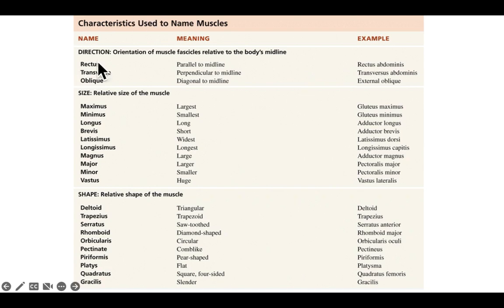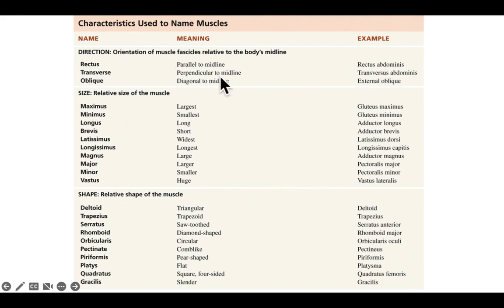So some muscles are named based on the orientation of the muscle fibers or fascicles. So if they run parallel to the midline, usually a midline is vertical, right? So like if it's the midline of the human body and it's in your abdomen and this muscle runs parallel, it's called a rectus abdominis. So rectus means parallel to the midline.